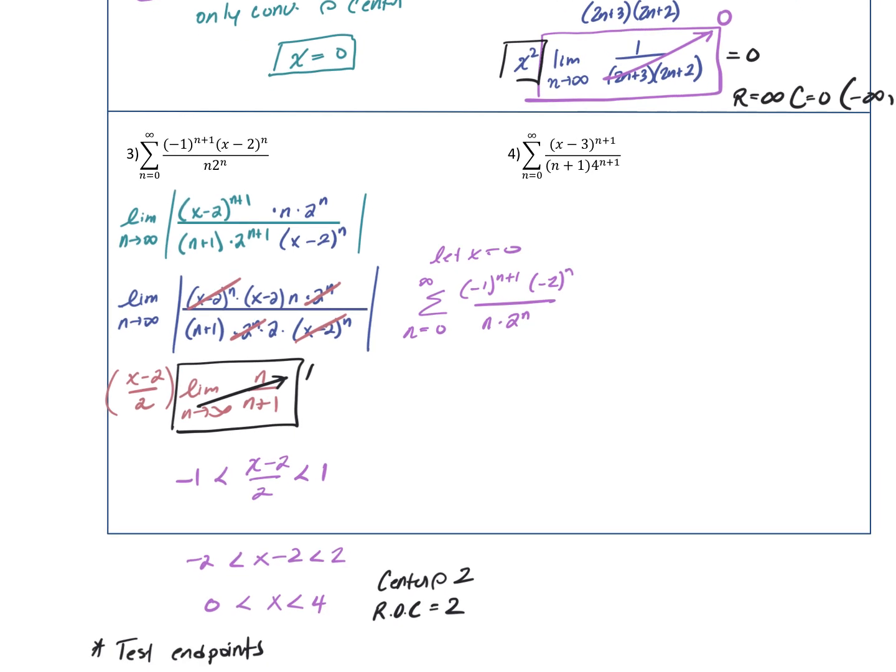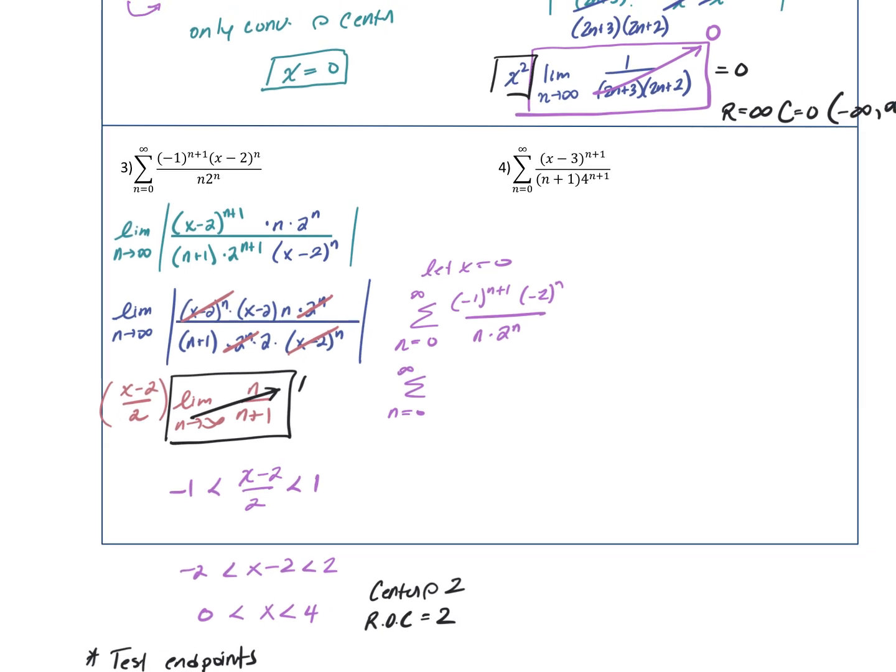So we've got a lot of negatives going on here. So let's see if we can clean this up a little bit. So I have negative 1 to the n times negative 1.